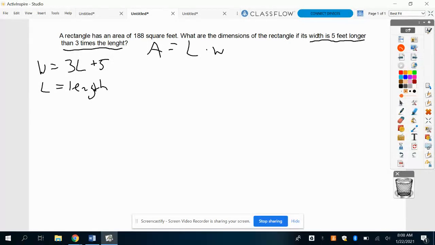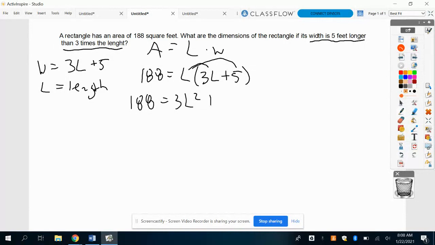So then when we plug this all into our area equation, our area is 188. Our length is just the L, and our width is now that 3L plus 5. So then we distribute the L. So we get 188 equals 3L squared plus 5L.